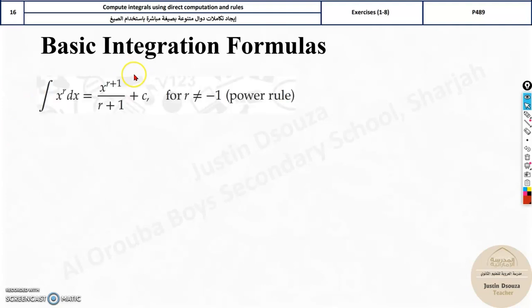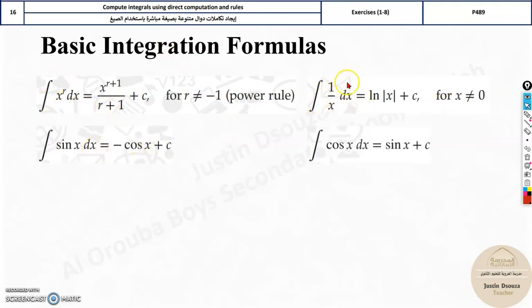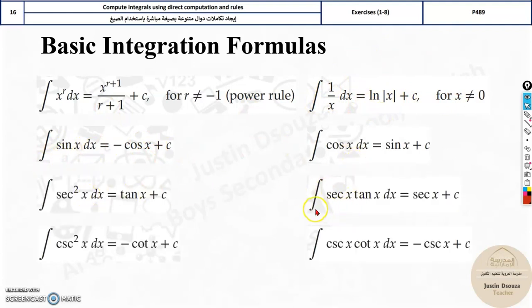So over here, we need to recall the basic integration formulas because it's about integrals. So this is the power rule. Then we have 1 by x, that is natural logarithm x plus c, sine, the trigonometric formulas. Please pause the video. You need to revise and memorize these formulas for integration.